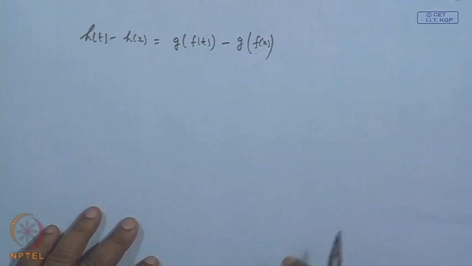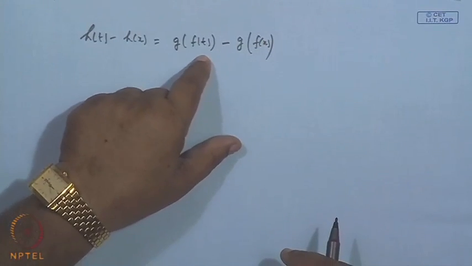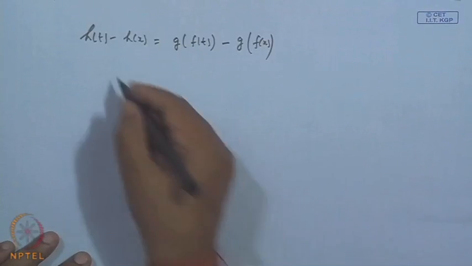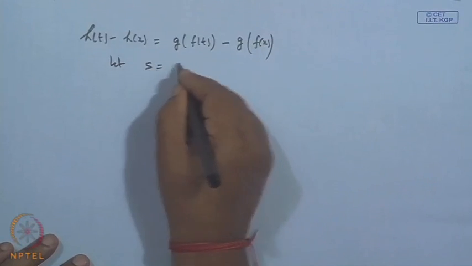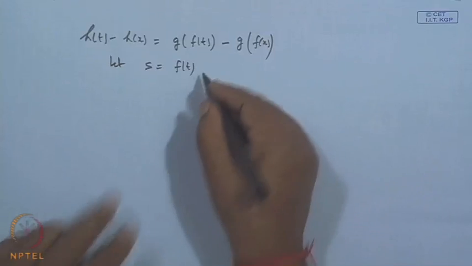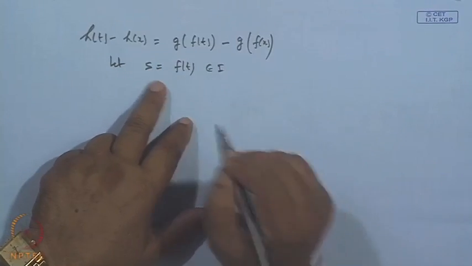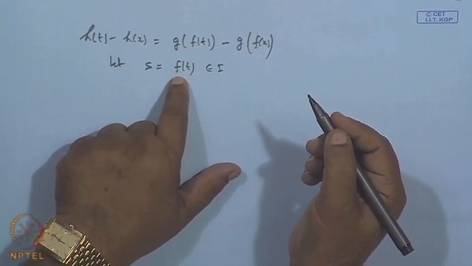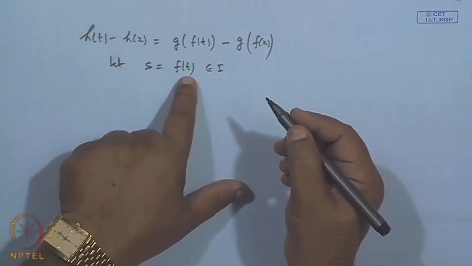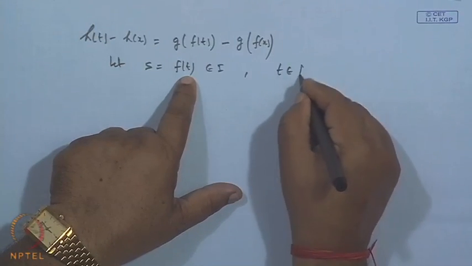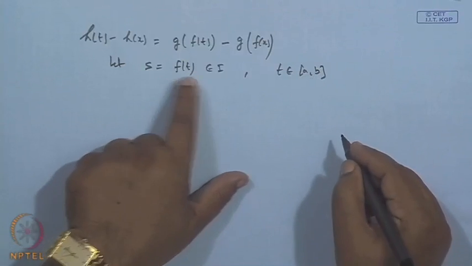Now, replace this s by f t, because s is a point in the interval I. f is a function defined over the domain and t is a point in the interval a b. So, replace s by f t.